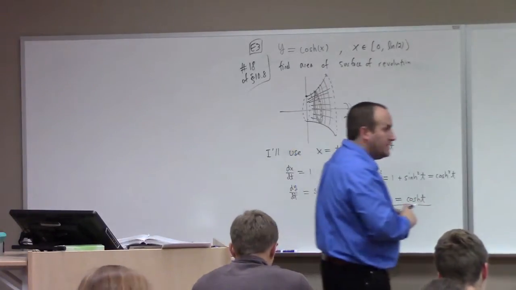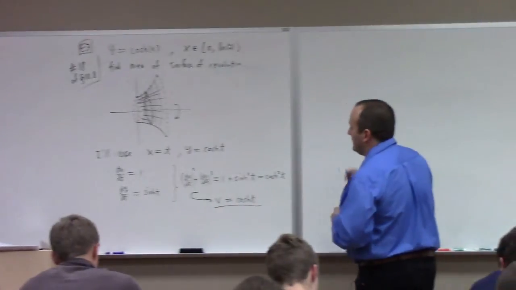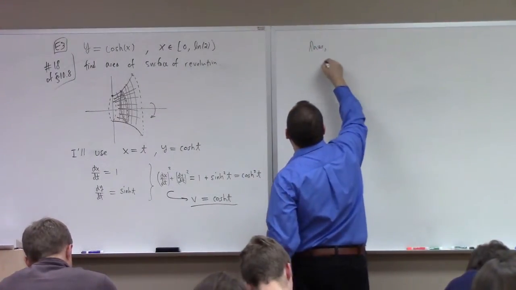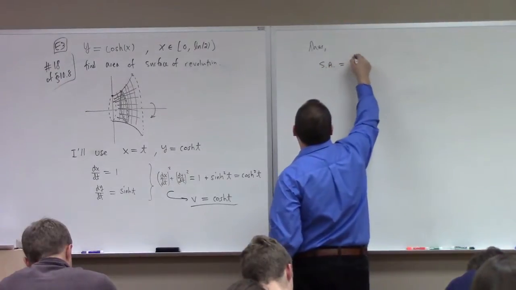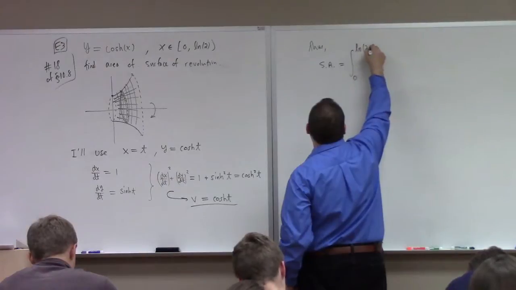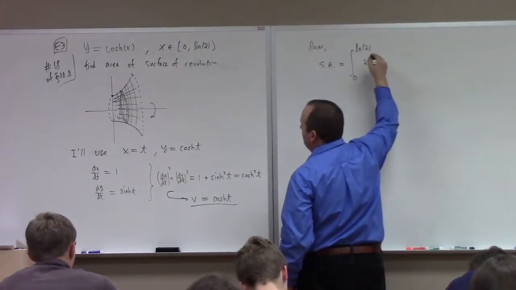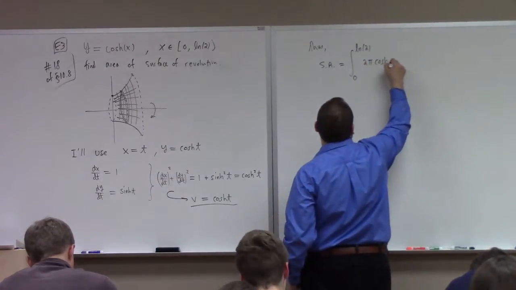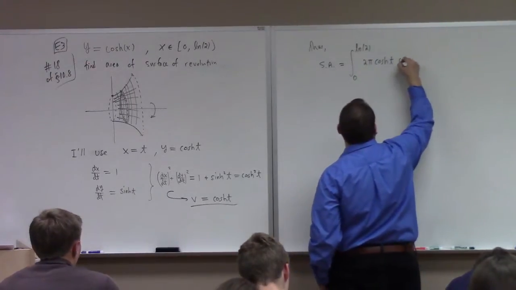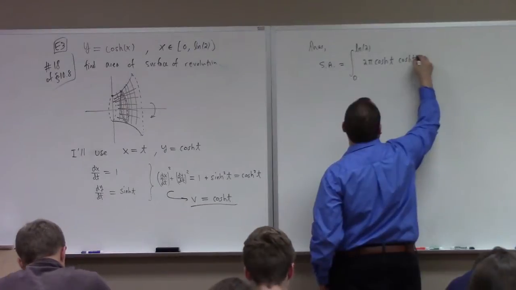Cool. Thus, the surface area should be equal to the integral from 0 to log 2 of 2 pi, what's y? Cosh t, right? And then times cosh t dt.